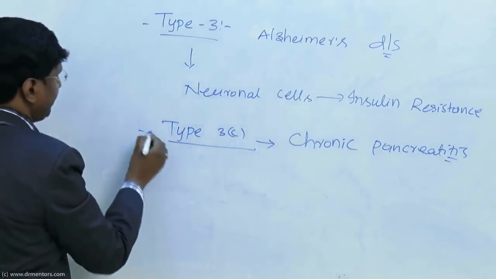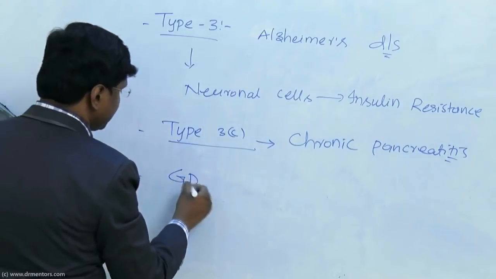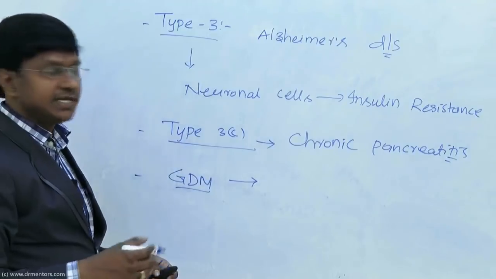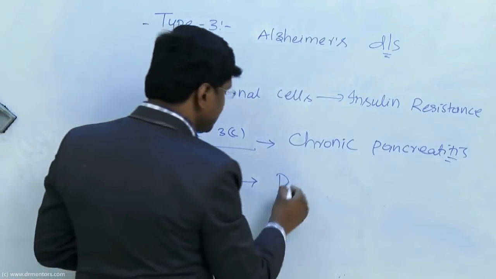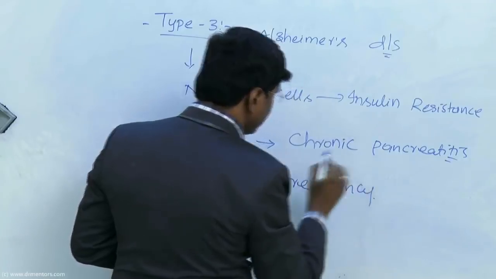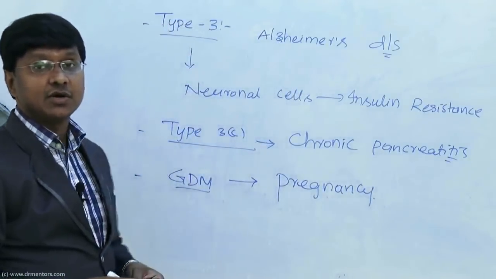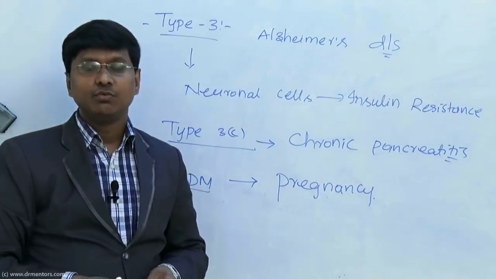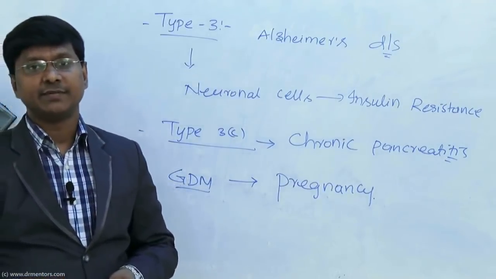Next, we have another form of diabetes mellitus, which is called gestational diabetes mellitus. Gestational diabetes mellitus is the development of diabetes mellitus in pregnancy. Alright, so these are all the various forms of diabetes mellitus. Now we will discuss the diagnosis of diabetes mellitus.